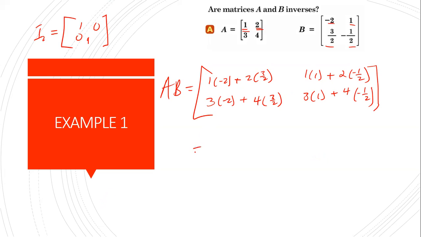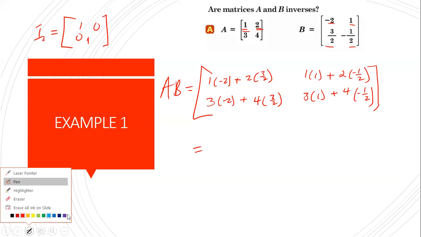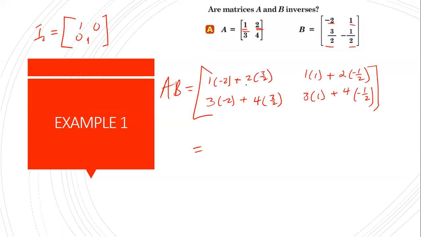So I proceed. This gives me -2 plus 3. So this is -2 plus 3. That equals 1. This is 1 plus -1. That equals 0. This is -6 plus 6. That equals 0.